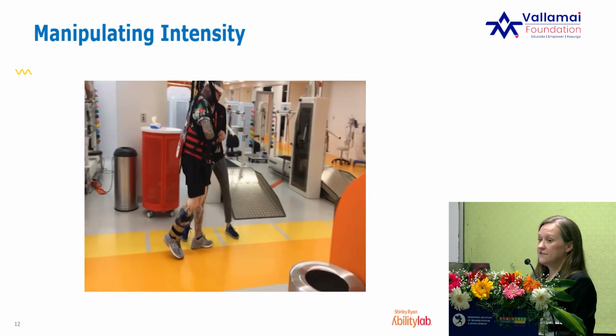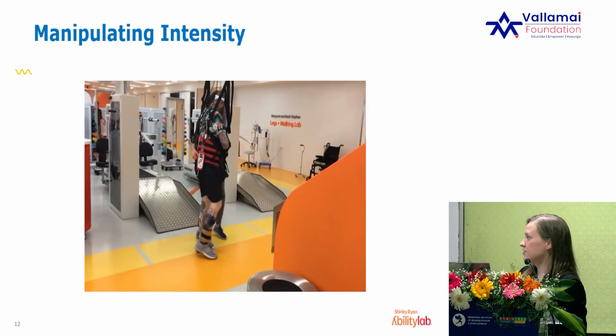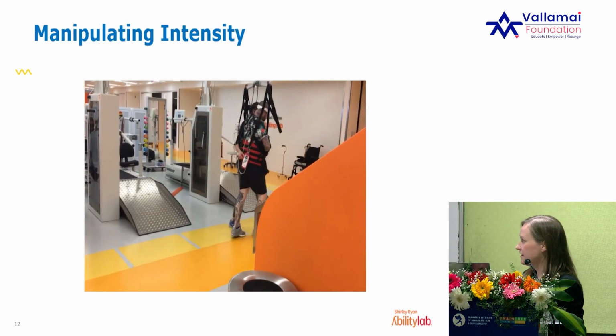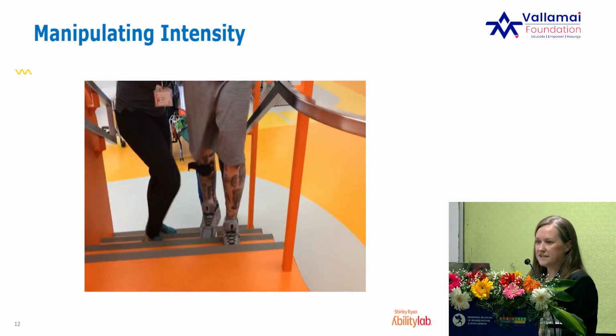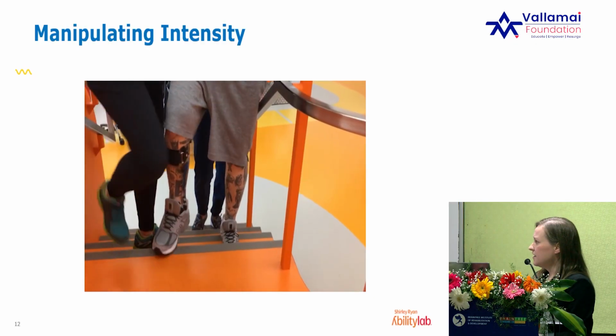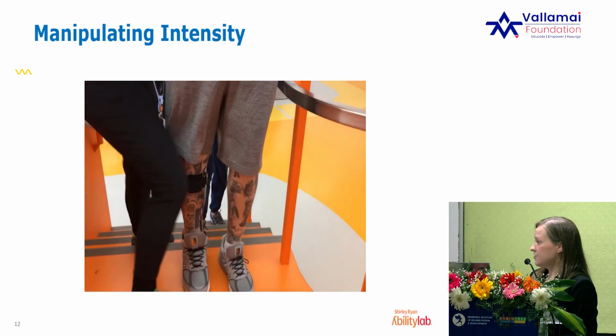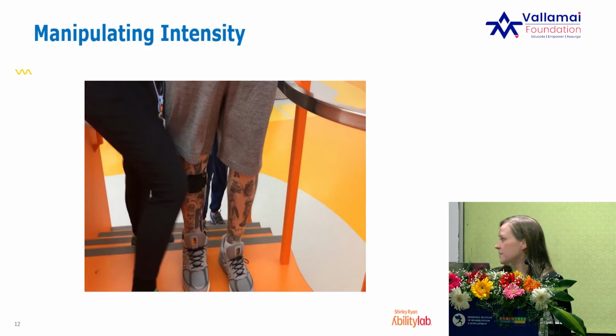Here she's actually physically pulling the patient forward to try to increase the speed of his walking, and by doing that, she's increasing his intensity. You can also use stair climbing during gait training to increase intensity, so the patient's having to take a much larger step and put a lot more force through their legs as they're stepping up those stairs.